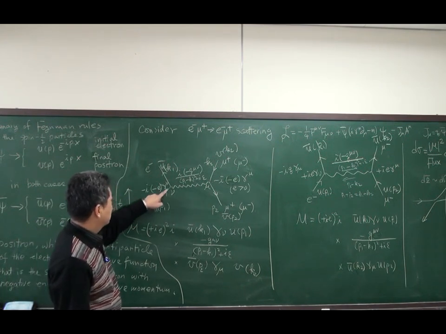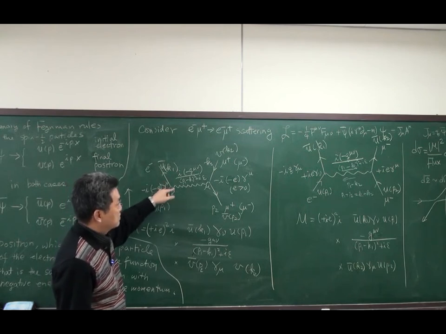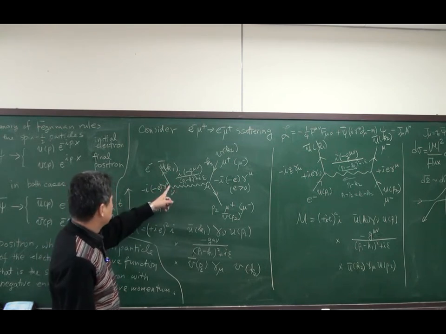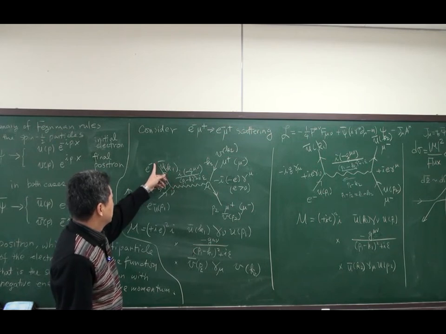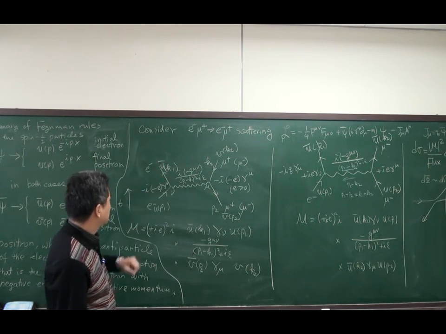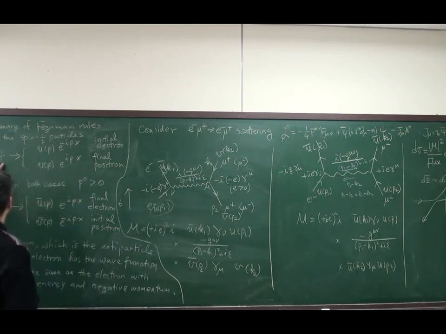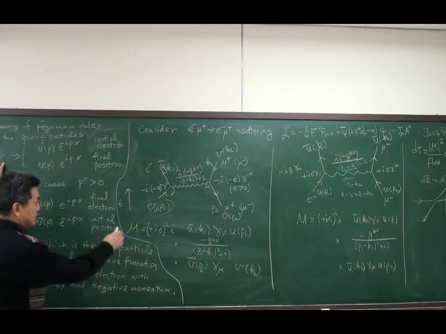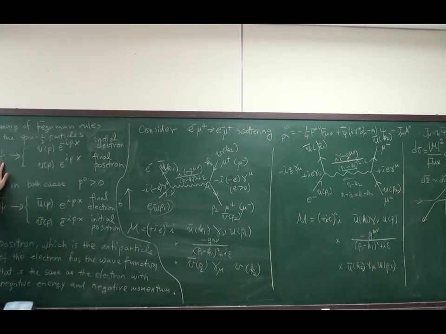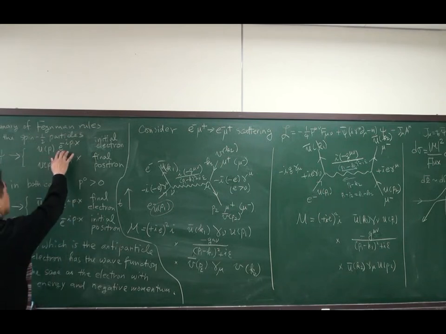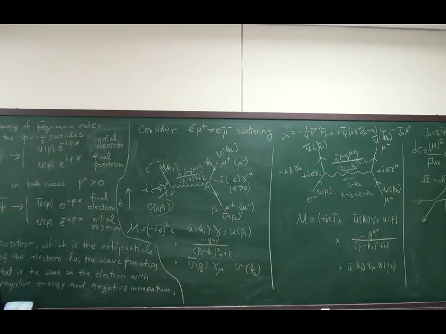So the incoming electron has some interaction with the photon, and then it goes out as a final state with momentum k. In the psi, if the initial state is a positive energy solution, the solution is U of P. U is a spinor, and the space-time oscillating factor is exponential minus I P dot x.